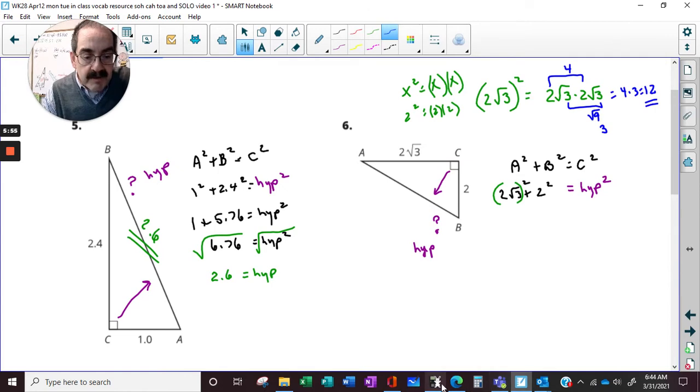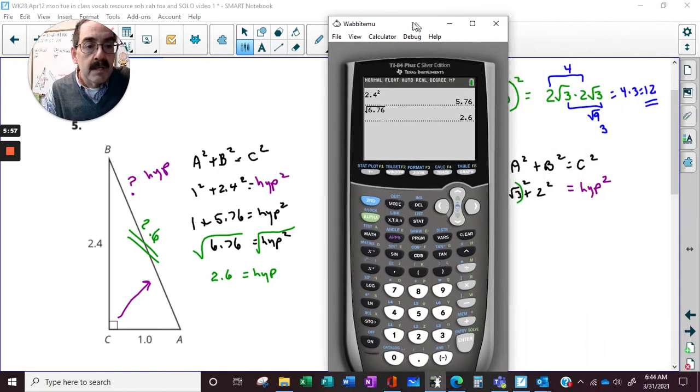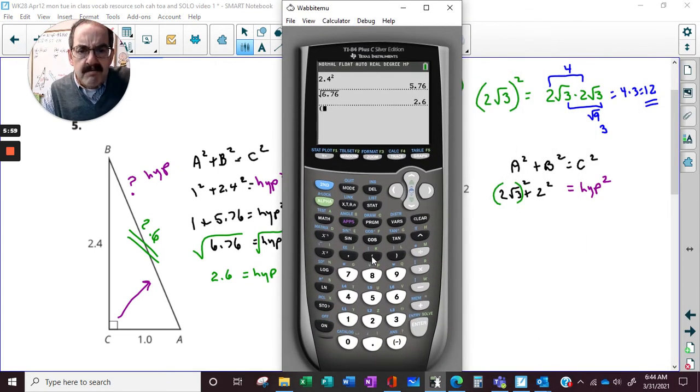Now let's grab a calculator and test this. Monty said, parenthesis, 2, square root 3, close parenthesis. Oop, didn't want that. Okay, everybody practice typing. Get your Webbit out. Use parentheses. That way we know exactly what is squared. Then I'm going to hit the caret key, squared.